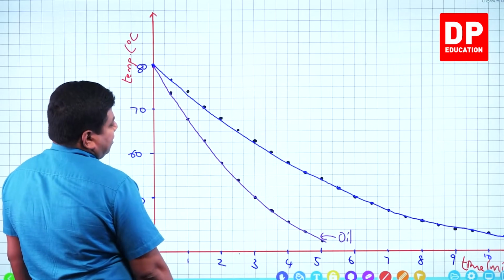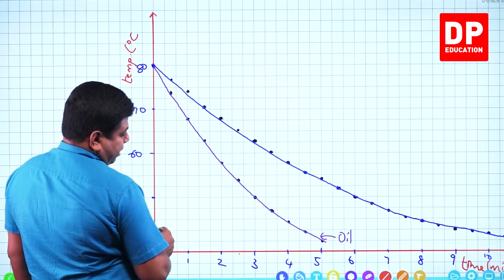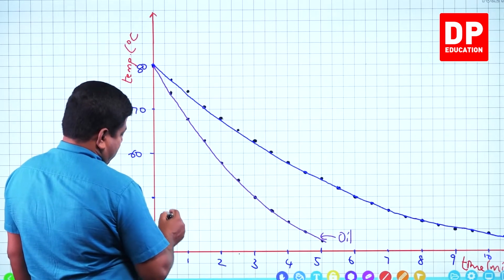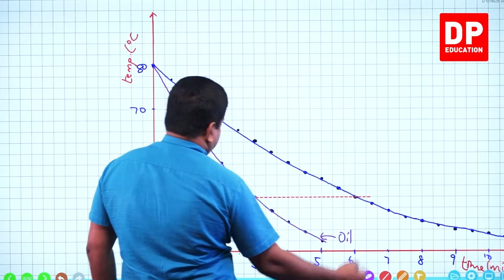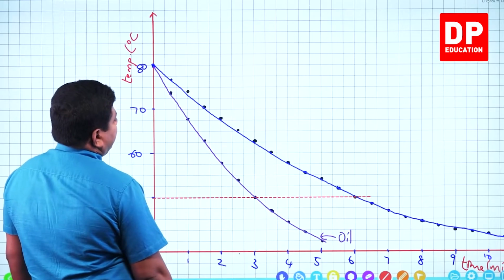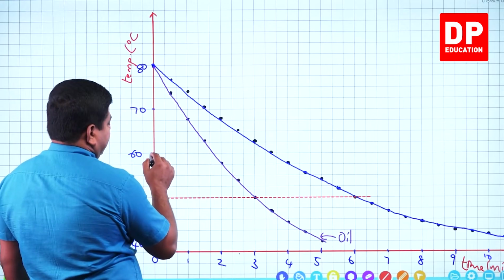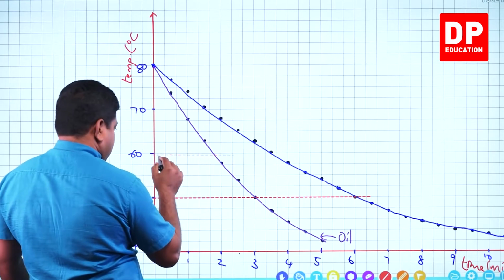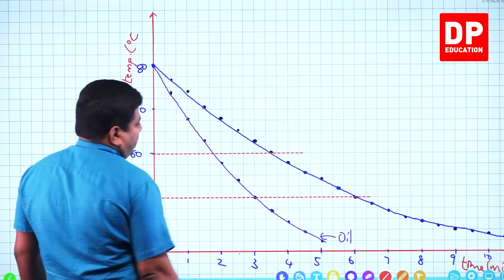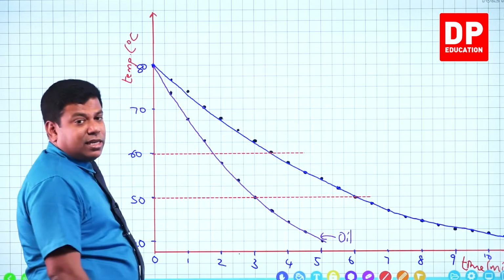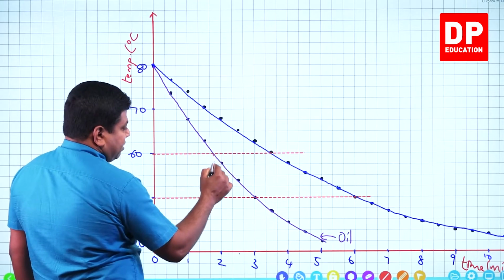Let's take some known points. 50 could be one point, and maybe 60. 50 and 60 are the temperatures I am considering, cooling from 60 to 50. I need to find the timings.